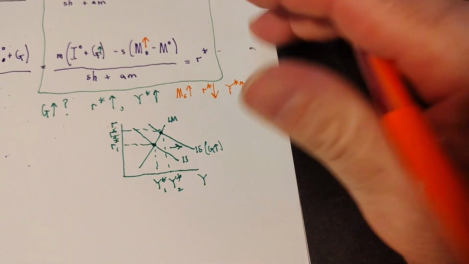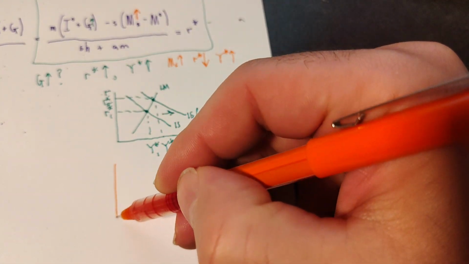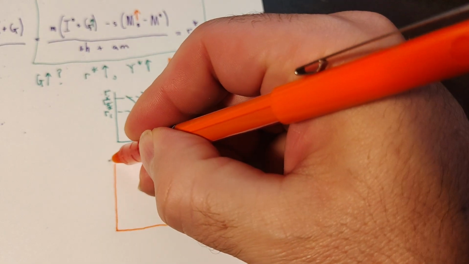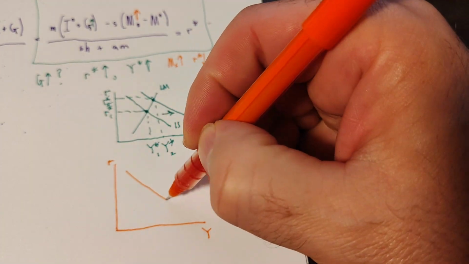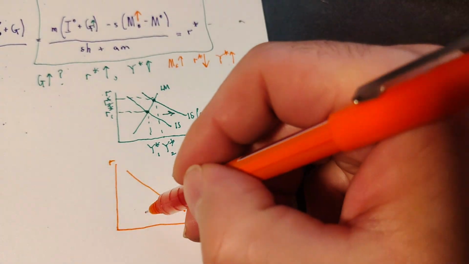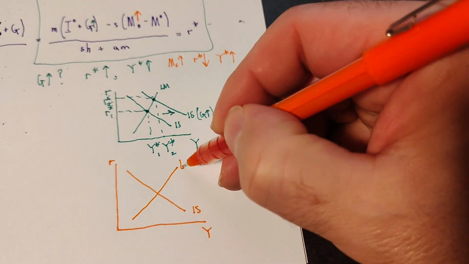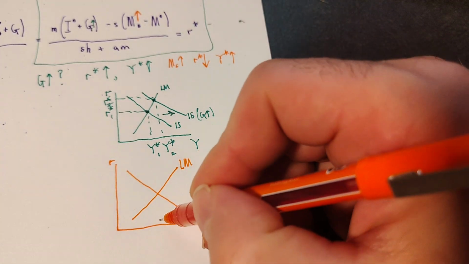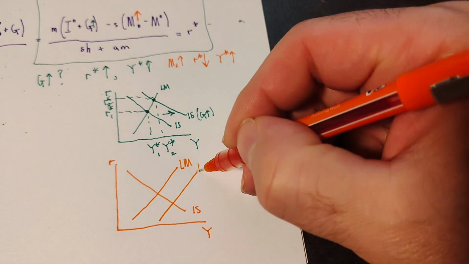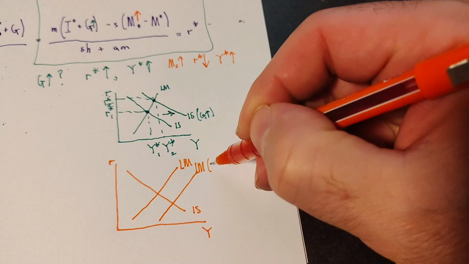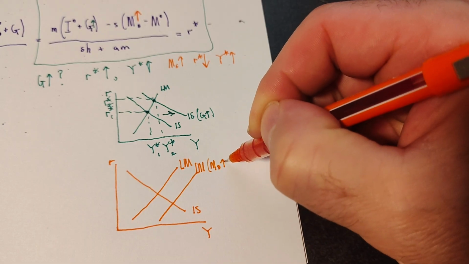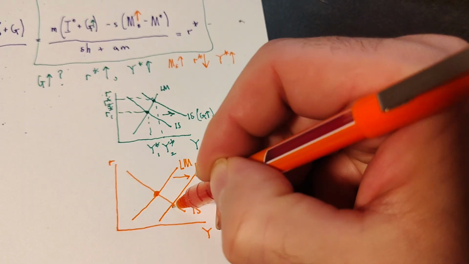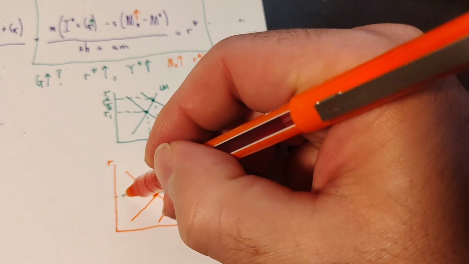That would be characterized with an ISLM model that looks like this. We have our IS curve and our LM curve, and this LM curve would shift to the right. That would be LM with an increase in the money supply. You can see that the equilibrium moves in that direction.